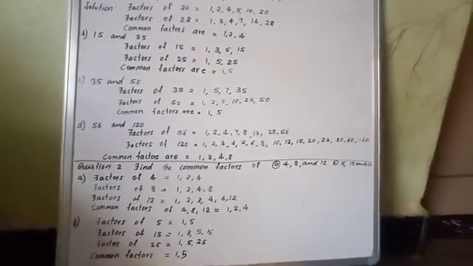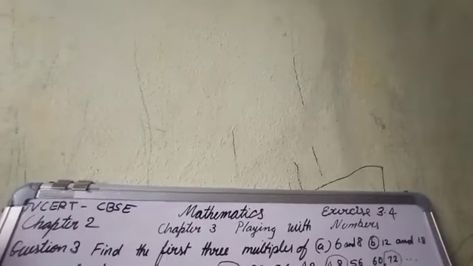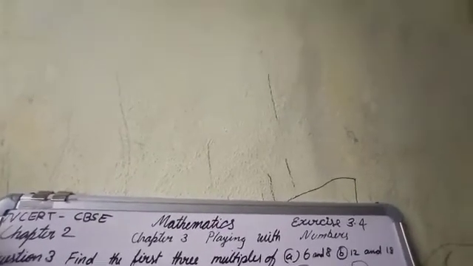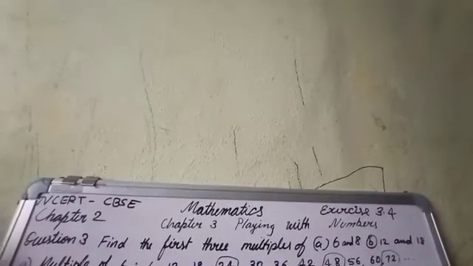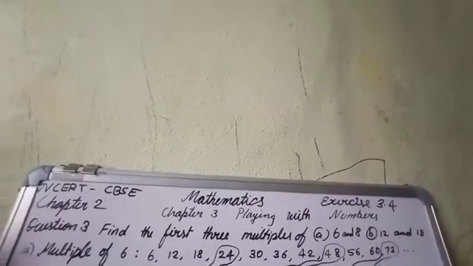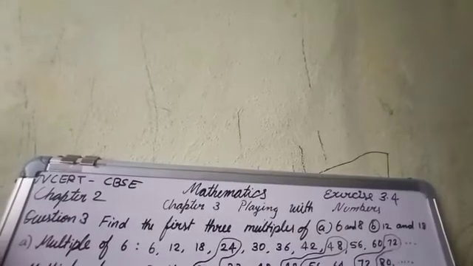Find the first 3 common multiples. Question A: 6 and 8. Question B: 12 and 18. Here, first we have to write the multiples. Multiples of 6. Multiple means it is a result of multiplication.